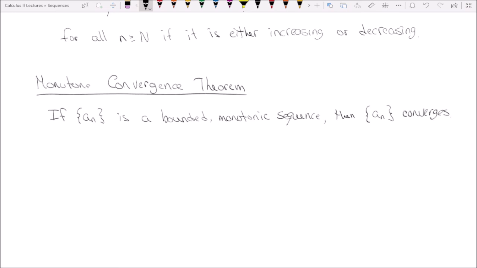All right, so this gives us a way to determine whether a sequence converges. Now, a proof of this is given in a typical introductory course in real analysis.